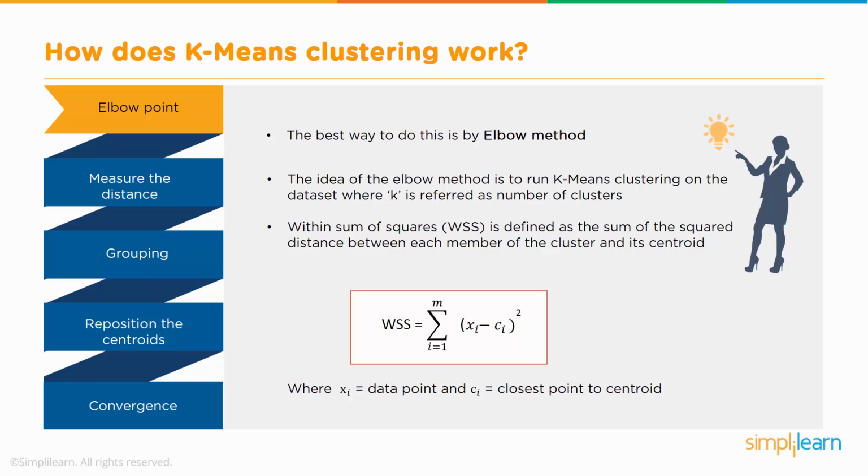We let the system create clusters of a variety of numbers, maybe up to 10 clusters, and for each value of k, the within SS is measured, and the value of k which has the least WSS is taken as the optimum value of k.